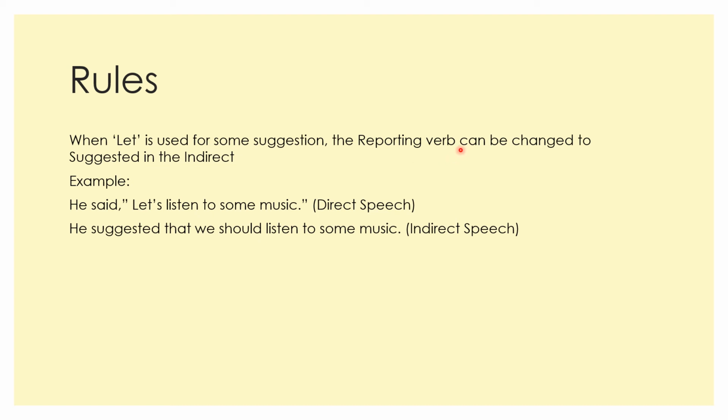So the reporting verb said has to be changed to suggested. So the sentence in the indirect will be, he suggested that we should listen to some music. Now why we? Because it is let us. So us will become we, that we should listen to some music.